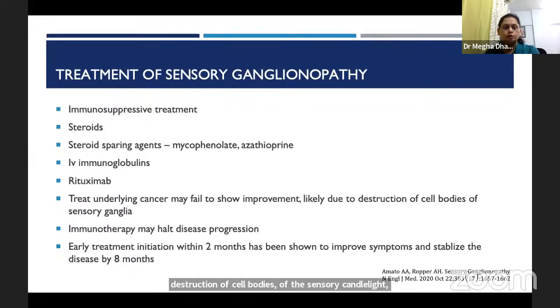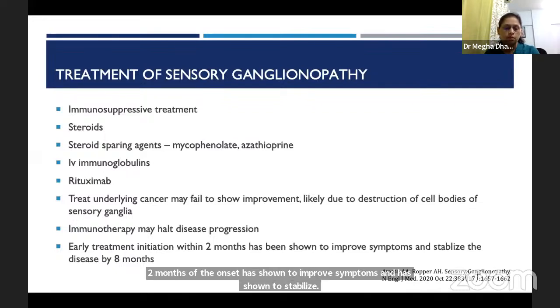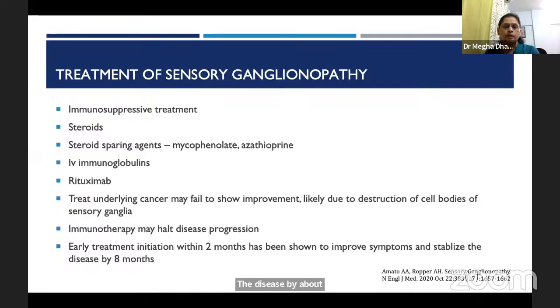However, it is important to note that immunotherapy may halt disease progression, and that should be offered to all our patients with sensory neuronopathy. And it has been shown that early treatment within 2 months of onset improves symptoms, and stabilizes the disease by about 8 months or so.